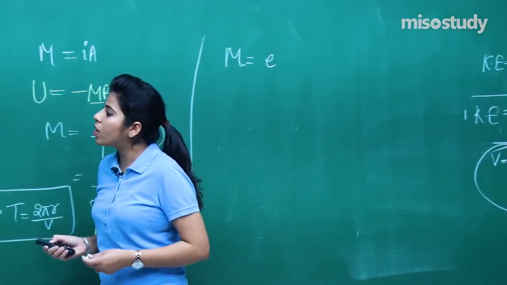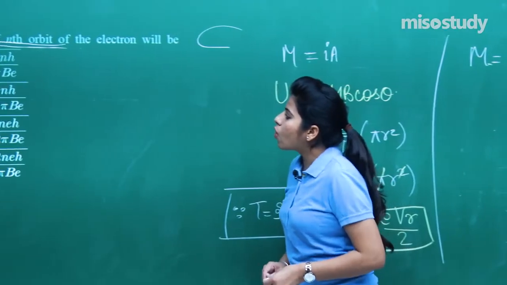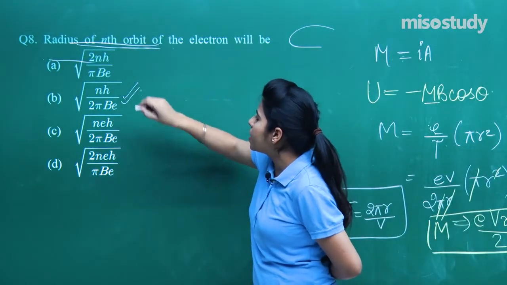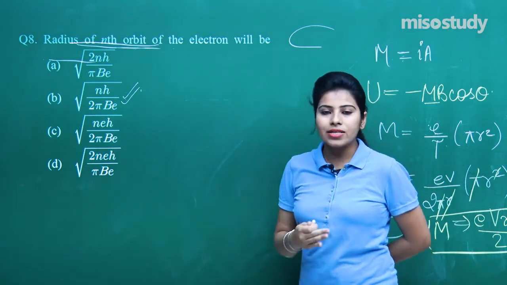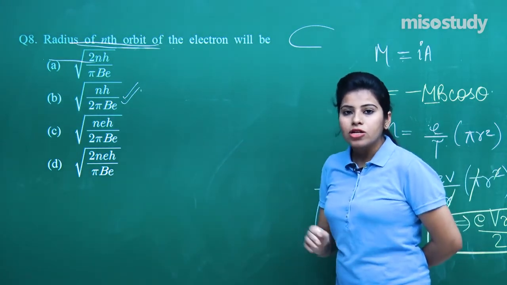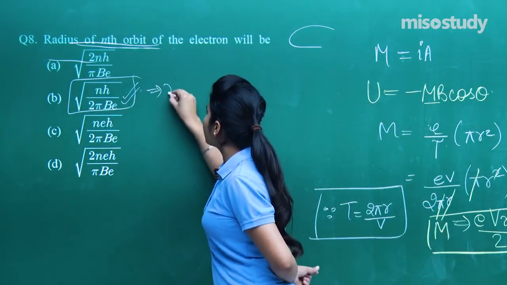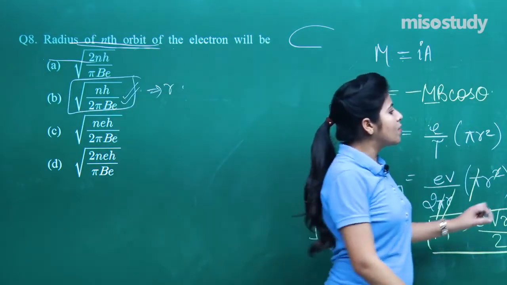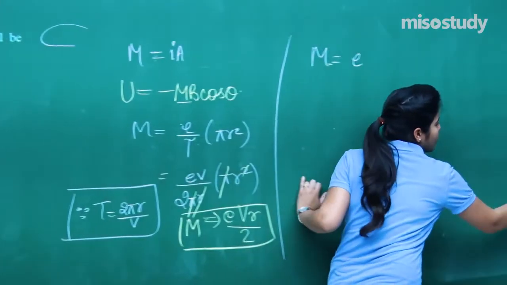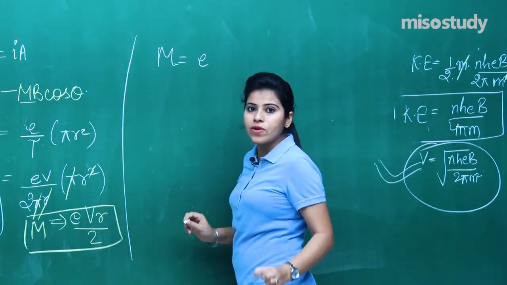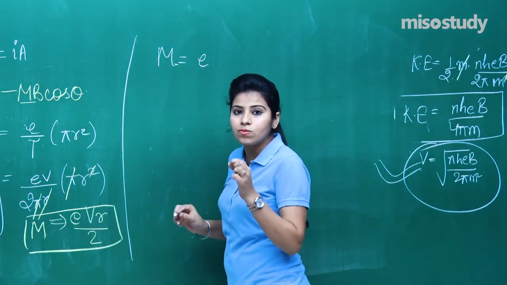Let me move to the first question. It was something like under root n h upon 2 pi B. I think this was the correct answer. So now we have to put this value of r, and this is the velocity v. We have to put both these values into this equation, and then we will have the value of magnetic moment.